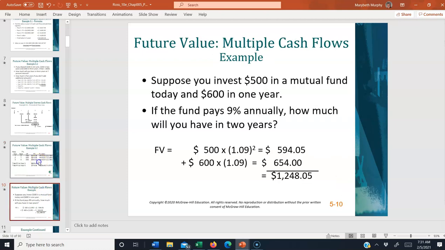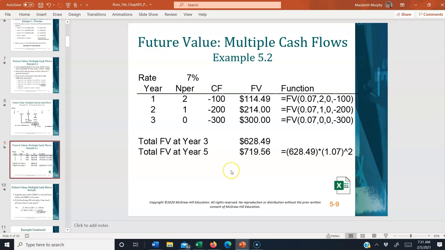Something on an exam, I'm not going to get crazy over pennies. If you typed it out and you rounded slightly differently and you came in at 628.48, as long as all the math was correct and you used everything you're supposed to have done, full credit, no problem.